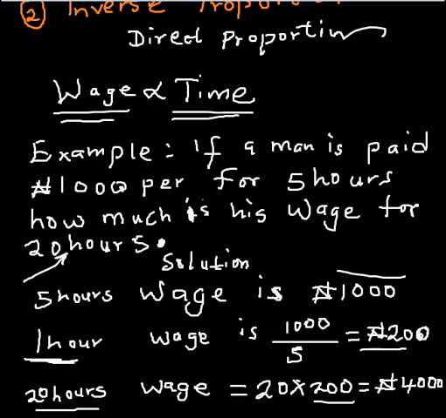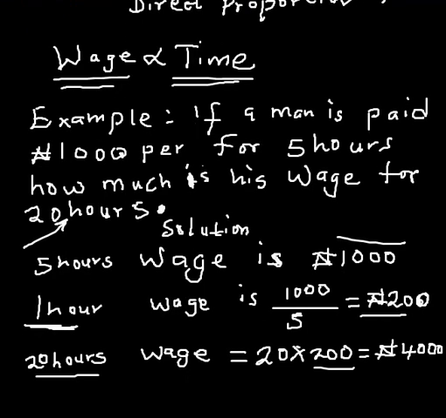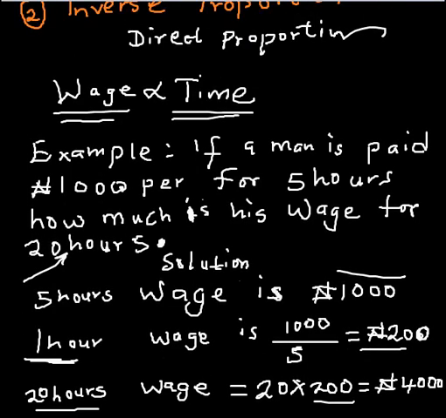Okay, so this is direct proportion. All right, so let's talk about inverse proportion. As you already know, for an inverse proportion, when one of the quantities increases, the other will decrease.